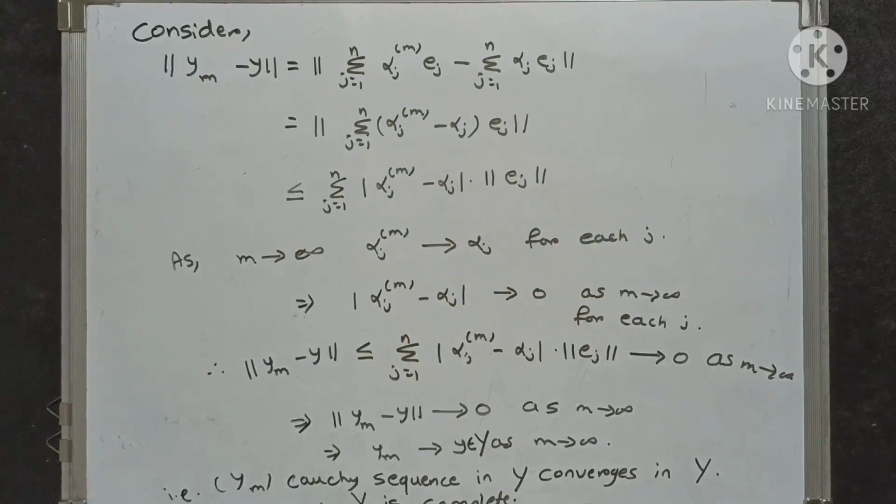Thus, every finite dimensional normed space is complete.